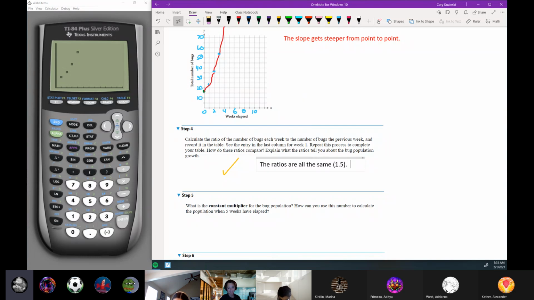This tells us that the total number of bugs each week is 1.5 times the previous week's total. That's what that means.